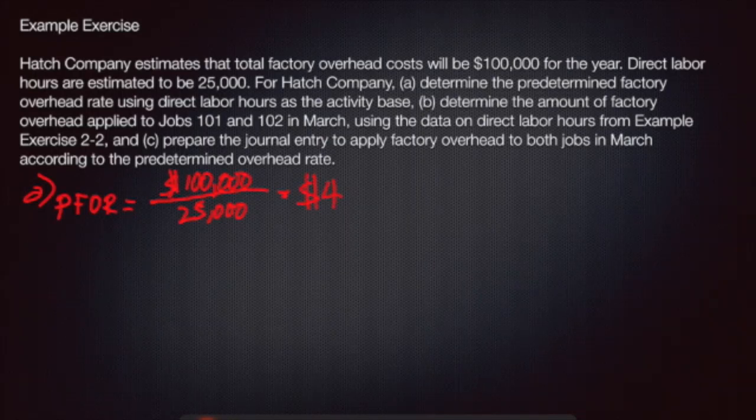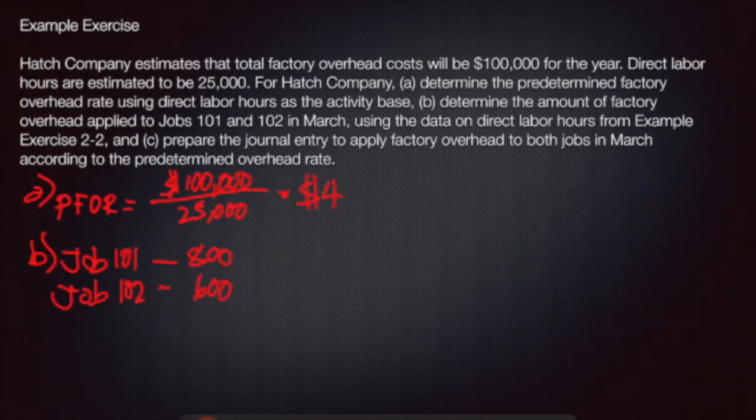For letter B, we determine the amount of factory overhead applied to jobs 101 and 102 in March, using the data on direct labor hours from example exercise 2-2. So, in exercise 2-2 for job 101, the total hours are 800. And for job 102, total hours is 600.